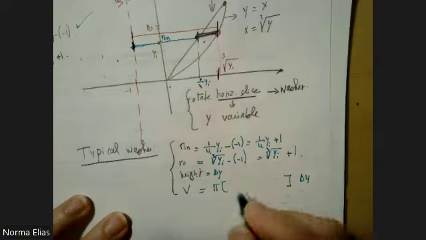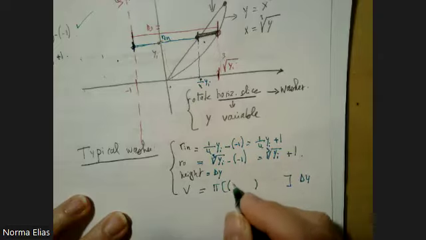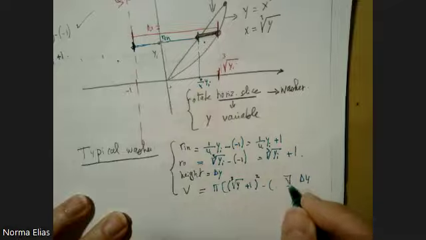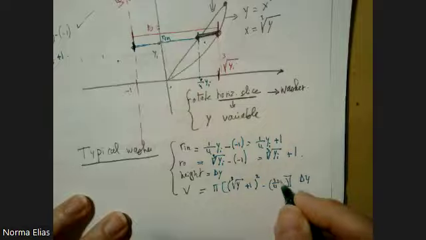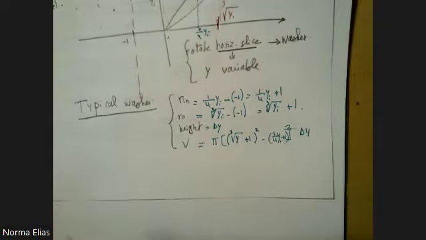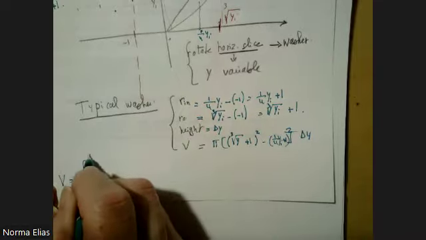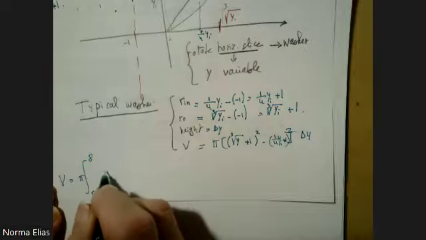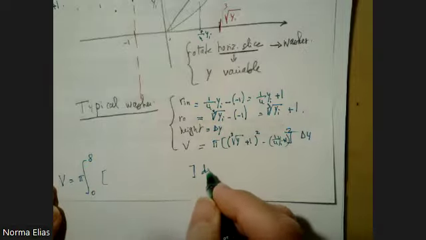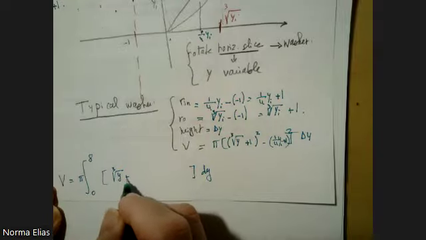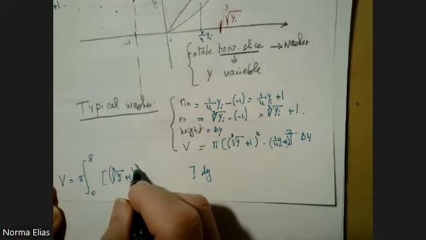pi times delta y. The outer, cubic root of y plus 1 squared, minus the inner, 1 over 4y plus 1 squared. So finally, I set up the volume and we stop. It's the integral from 0 to 8 of pi times the cubic root of y plus 1 squared.